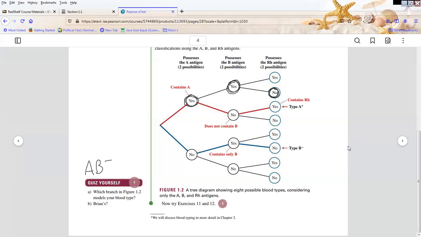So the branch that represents our blood type would be this second branch here. That's the AB negative branch.